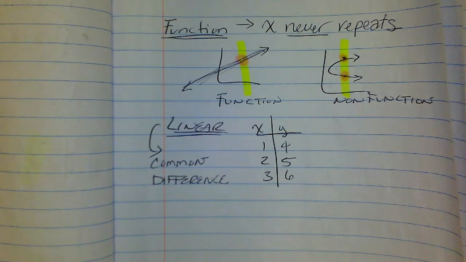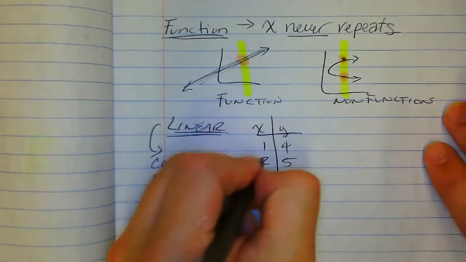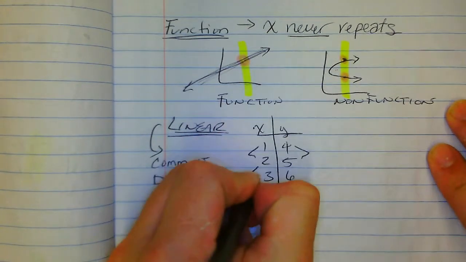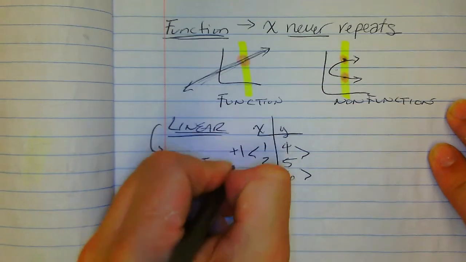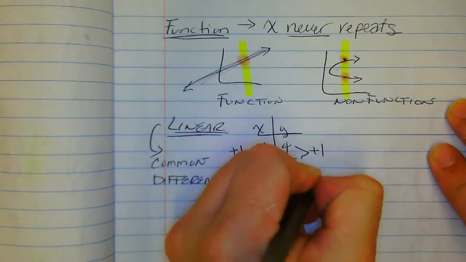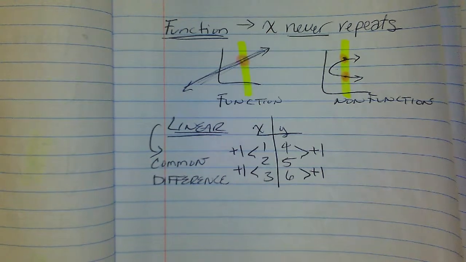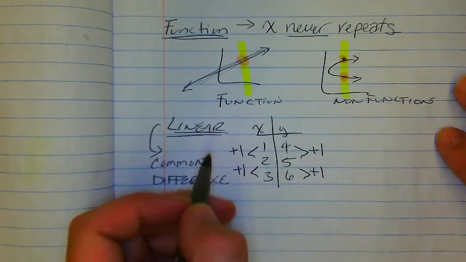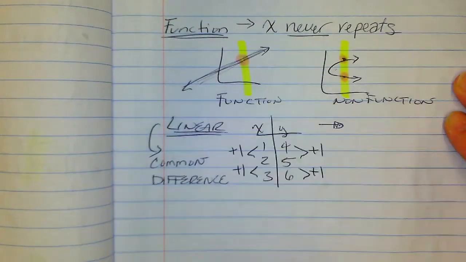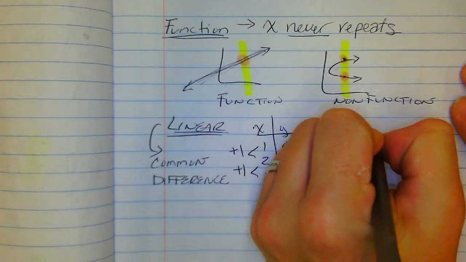And all that means, guys, is we're going to take our x's and our y's off to the side, just like this, with little arrows. Más uno, plus 1, plus 1. All right. So if they're linear, we're going to have a common difference.